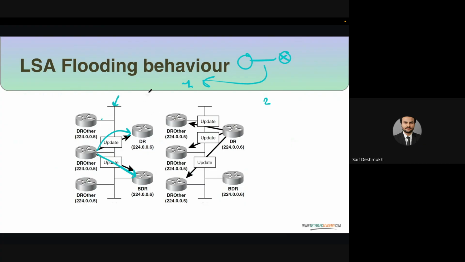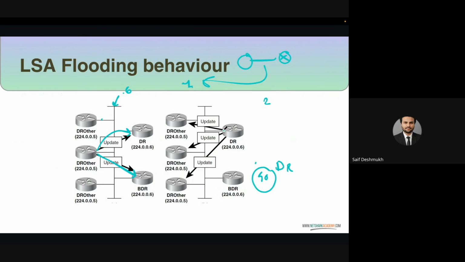But actually, the DR and BDR are the only ones processing those .6 packets. The multicast address 224.0.0.6 is used by the DR and BDR only. And here, since the DR is replying, the BDR waits for 40 seconds to see if the DR responds. If it's not responding, then this guy becomes the DR. That's why we had a 40 seconds timer, a wait timer.